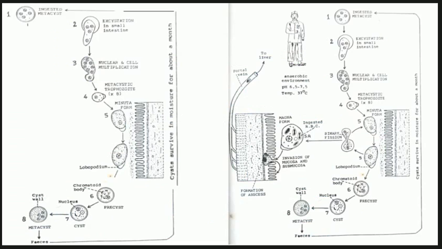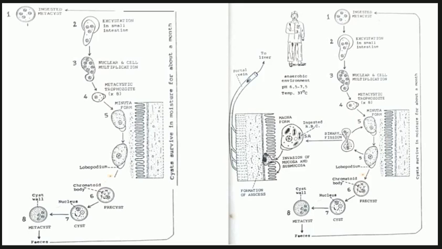In the previous lecture, we talked about Entamoeba histolytica, its morphological stages, the minuta and magna forms, and then cyst formation, that is precyst, cyst and metacyst. Then we saw the life cycle, and how the metacyst enters the body.